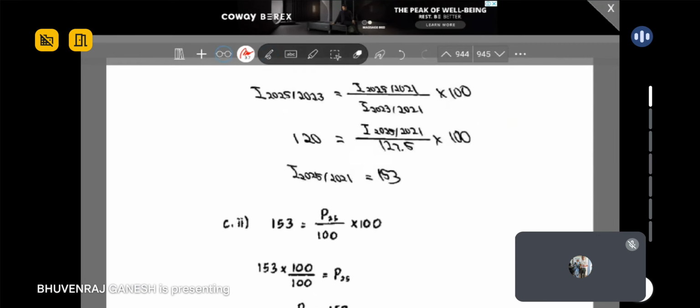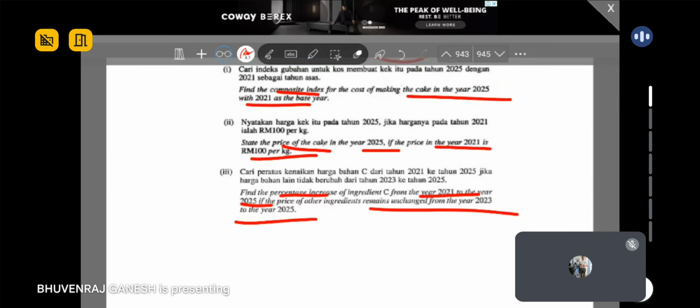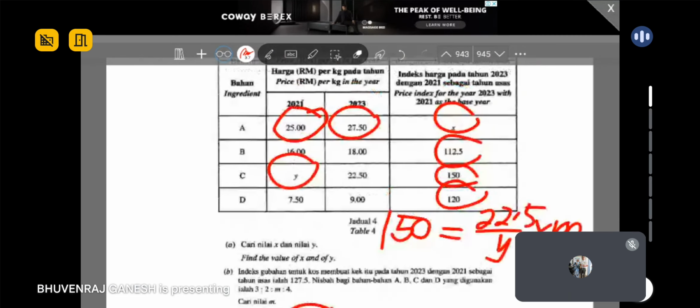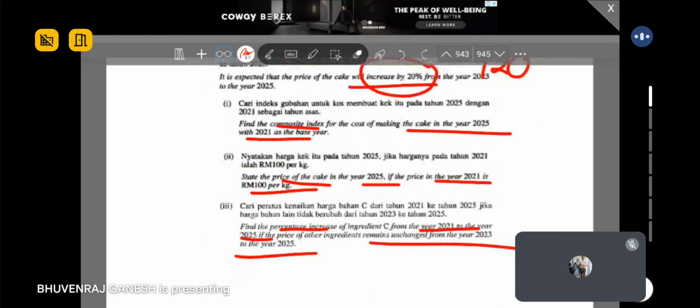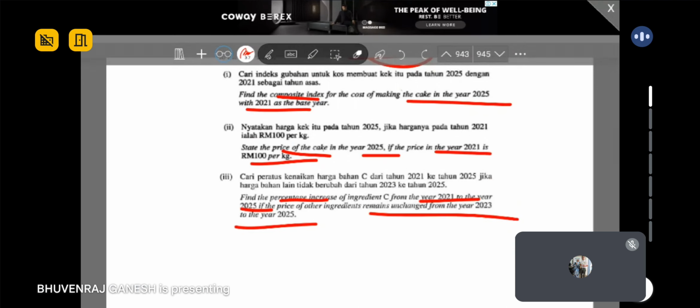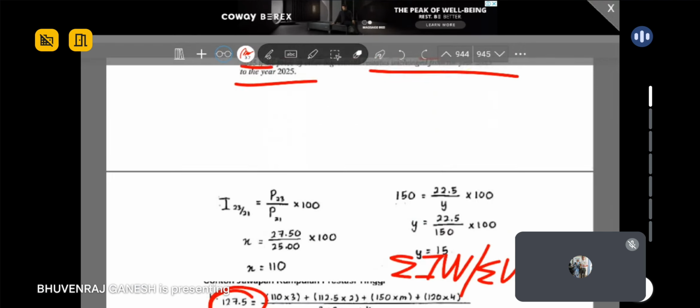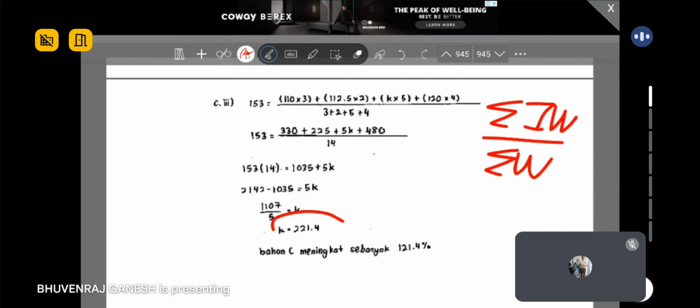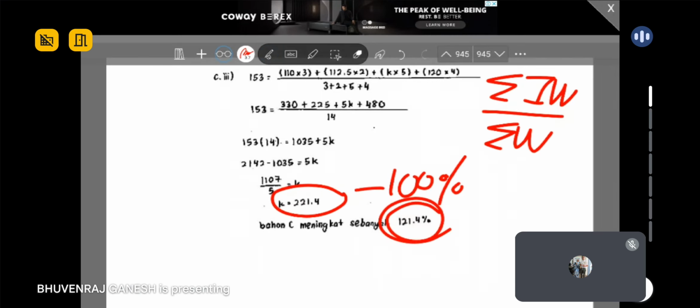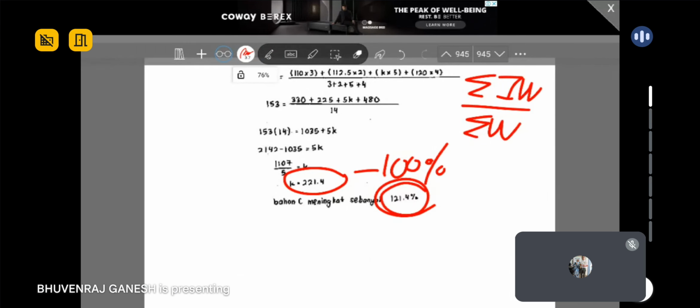Okay, K value is actually your ingredient C. Okay, ingredient C you must put as unknown now, guys. You cannot put 150. You must make it an unknown. Bagi dia satu pun boleh ubah. Because you want to find the change in price of C. So you just assume the index equal to K. All right, then you just apply the formula. Same thing again. Find the K value. So that means you just minus 100%. Then you will know how many percent it increased. So 121.4%.